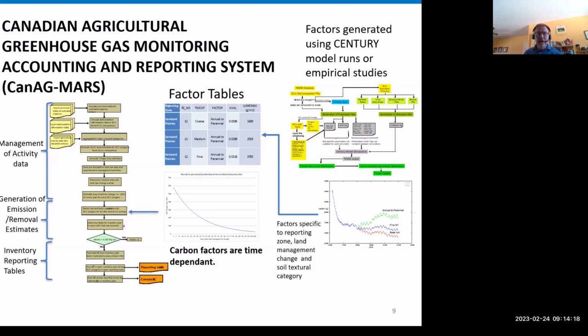The factors themselves were originally generated using the Century models, as well as looking at empirical studies. And those factors change as time goes on. So we have to look at change as a result of time as well.